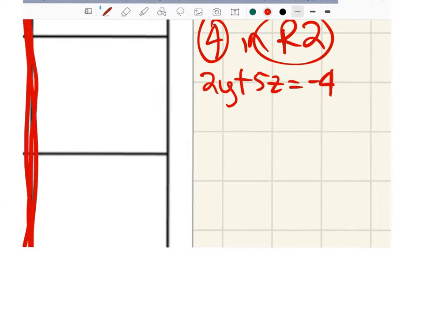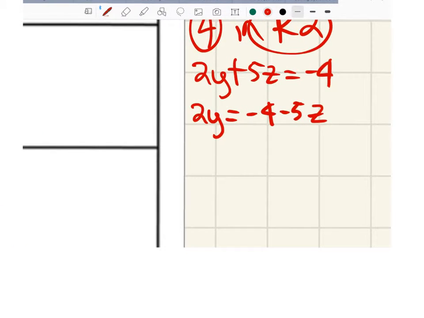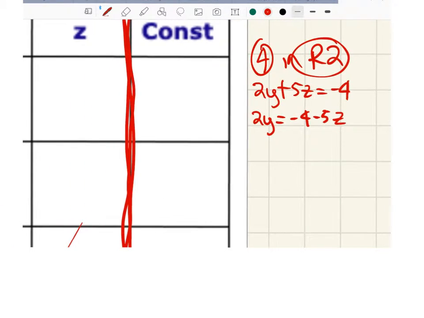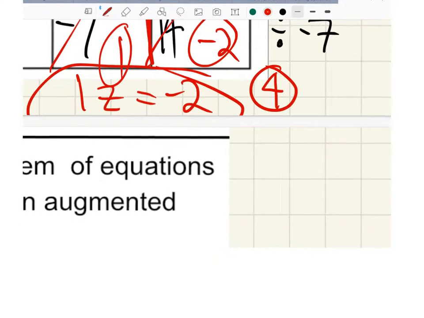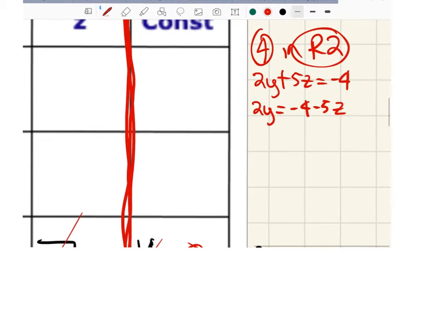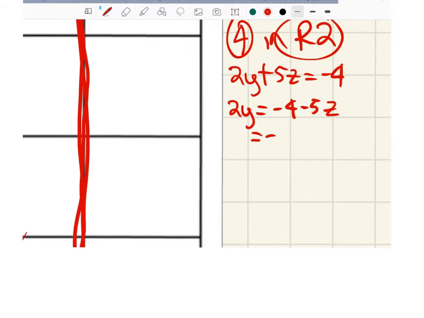I can isolate for y and say that 2y equals negative 4 minus 5z. What's z worth? Well, that's where we're going to replace it. Equation 4 is 1z equals negative 2. So that equals negative 4 minus 5 times negative 2. That's what equation 4 is.